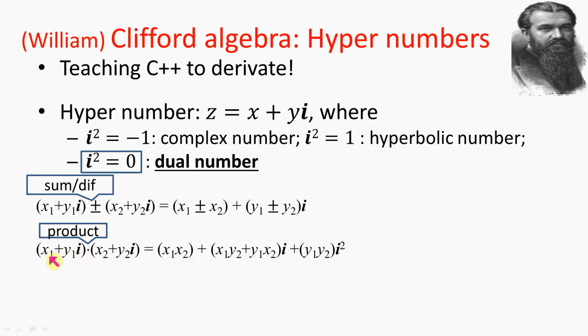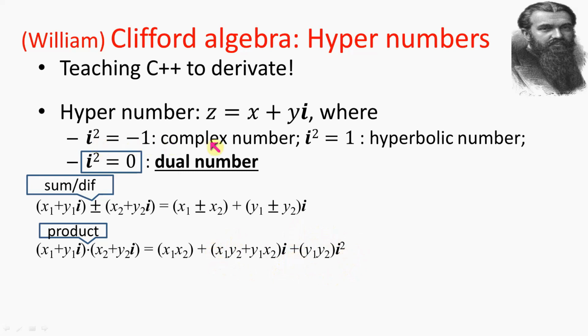Then the product of x1 times y2 and y1 times x2, and these products are associated with an imaginary unit i, and finally we have y1 times y2 multiplied by i square. This result should also have the form of the general hypernumbers, a real value and an imaginary part, which is just the product of a real number and i. So we have to say something about i square.